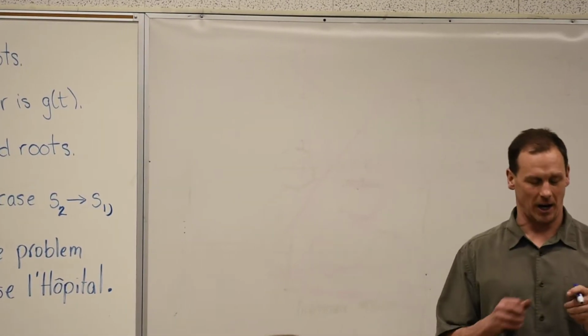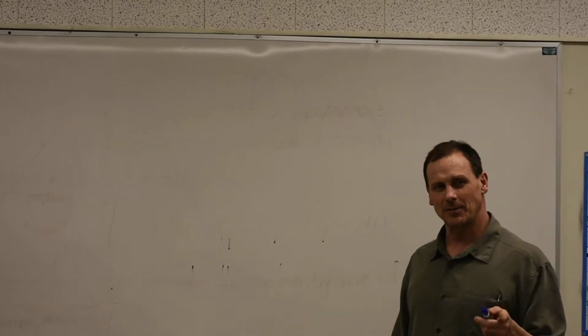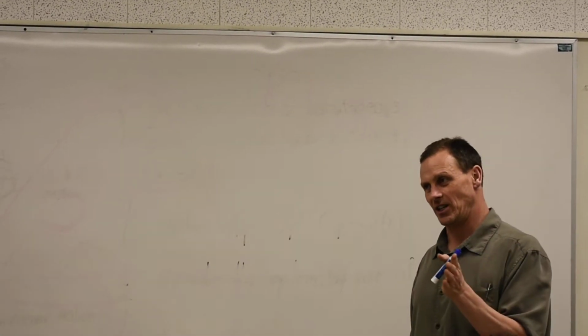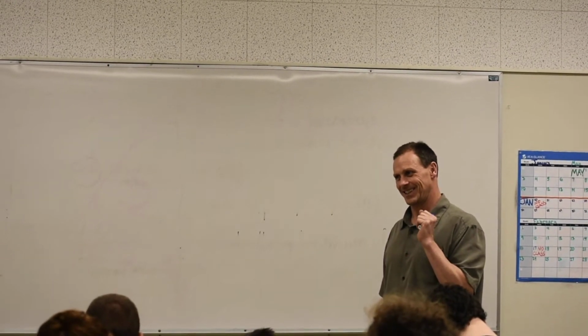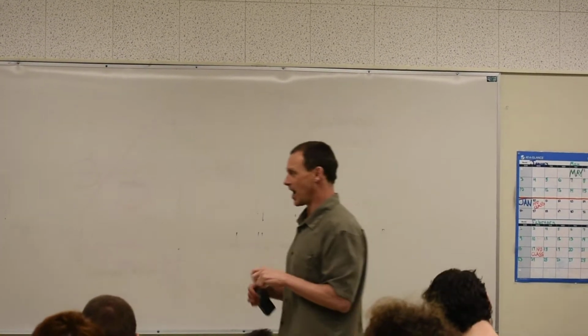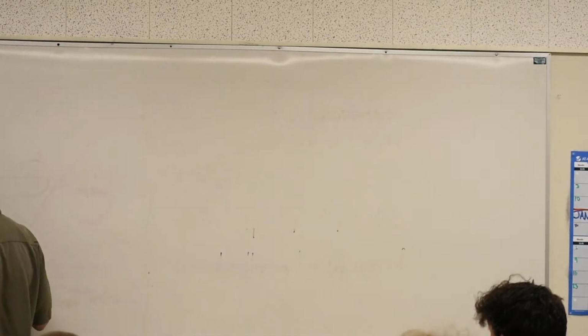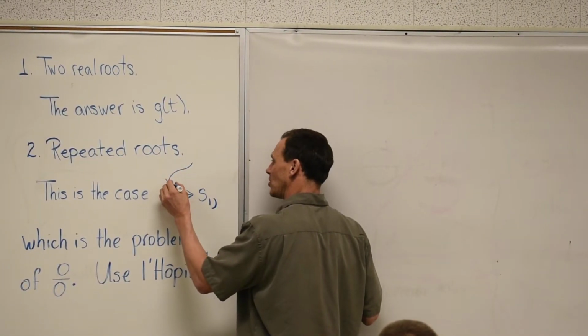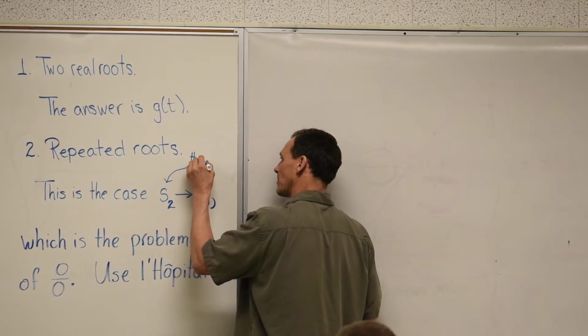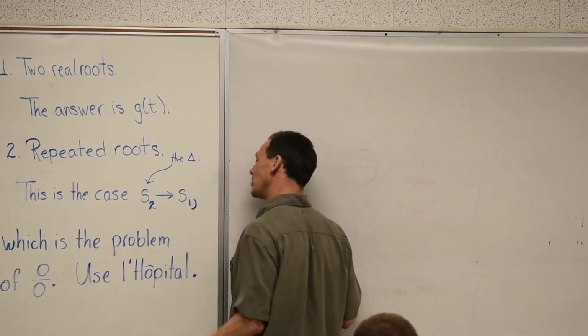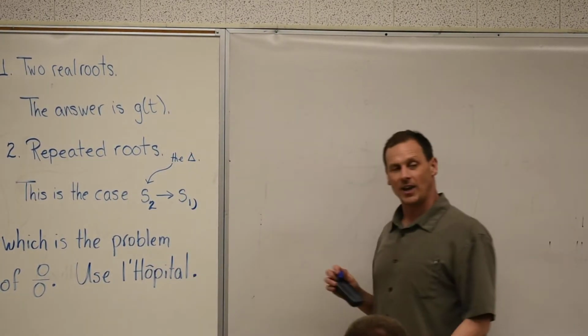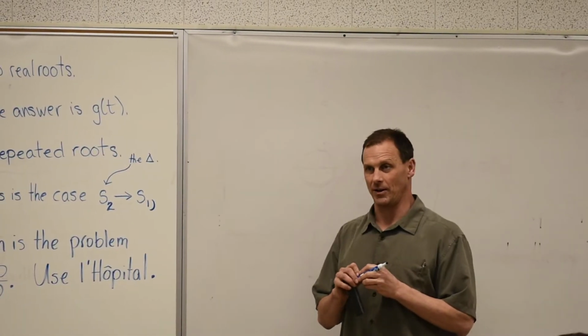Now here's the part that I always have to stop and think about. What becomes a variable? In other words, what's changing? This is your key right here. Notice that this is the change. I'm going to use a delta symbol. That's the change. In other words, S2 is your variable of interest.